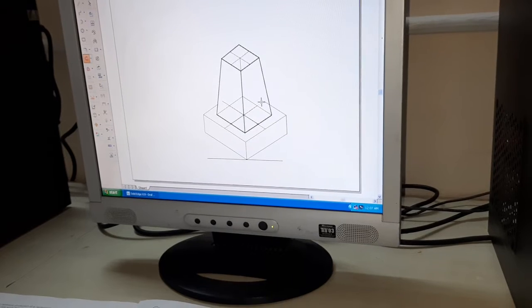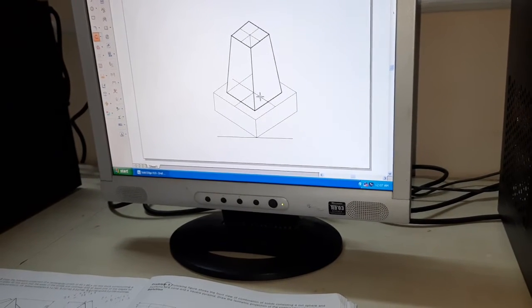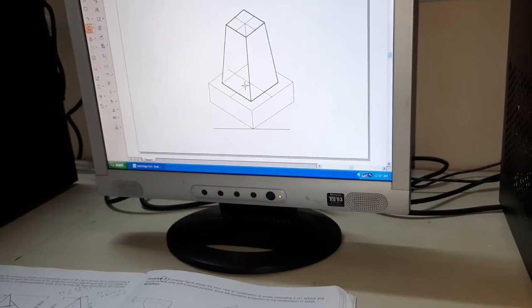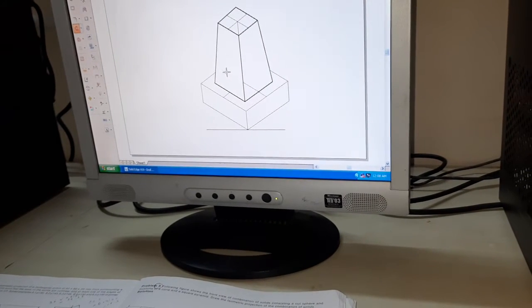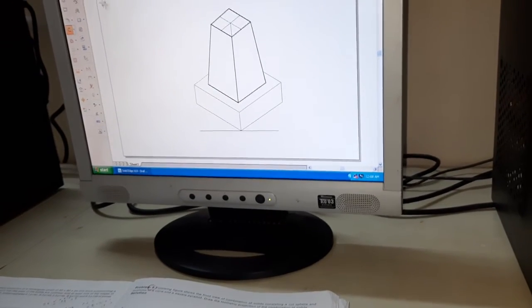Invisible portions can be erased off or trimmed off. The portion of the first base solid which comes within the boundary of the second solid is considered as hidden. Let us remove those hidden portions.